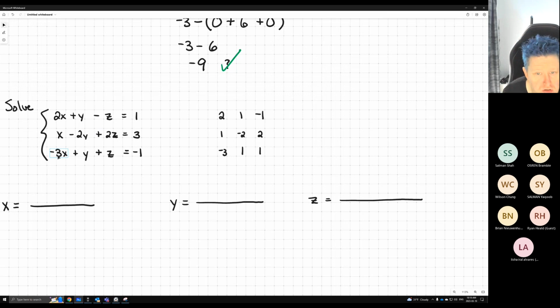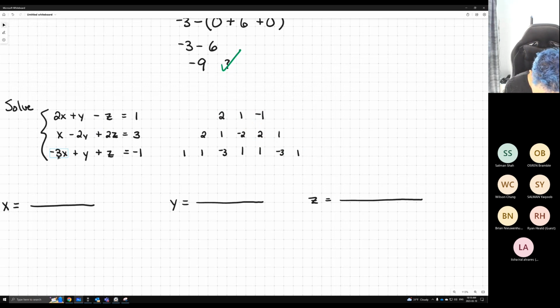So I'm going to now use the wraparound method to find this determinant. I've got to reattach some stuff here. I'm going to go ahead and do the reattachment. And then I will do my multiplications down to the right and then down to the left. Multiply down, add those up.